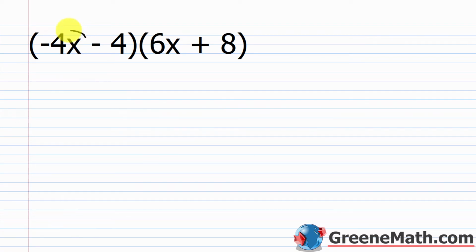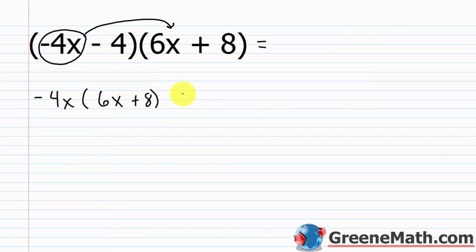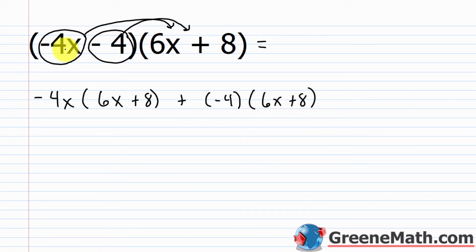So I'm going to have negative 4x multiplied by 6x plus 8. And then I'm going to add to that, I'm going to take negative 4, and I'm going to multiply it again by 6x plus 8. So this is each term of the first polynomial being multiplied by each term of the second polynomial. So again, now I'm just going to use my distributive property, just like I used in the previous example.